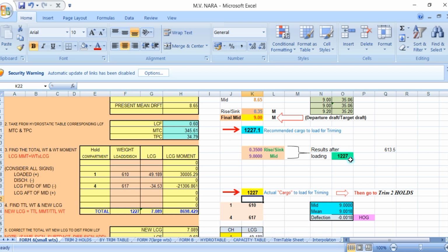When you load 1227, your sinkage is 35 and your draft is 9.